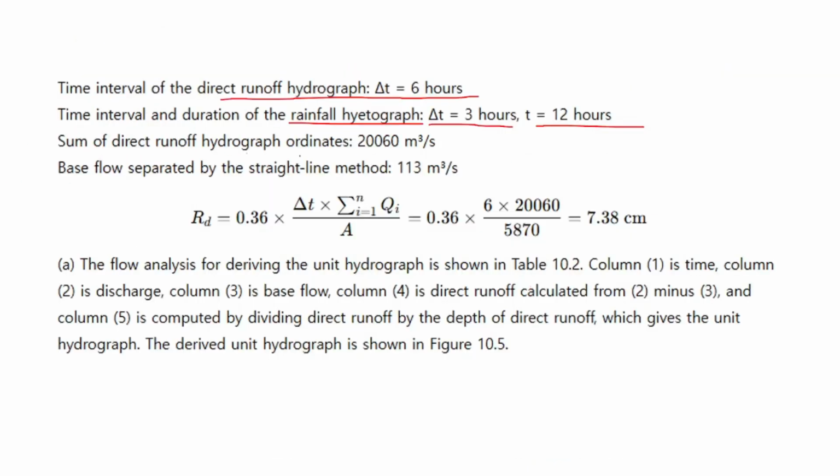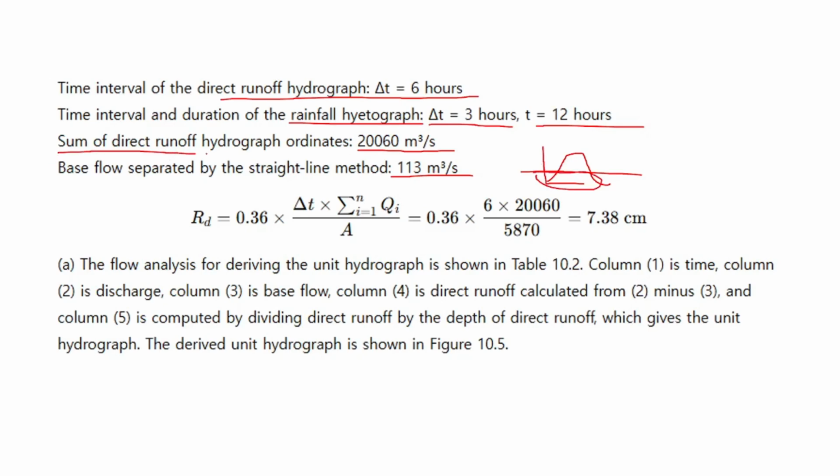The sum of direct runoff hydrograph ordinates is 20,060 cubic meters per second. Base flow separated by the straight line method is 113 cubic meters per second. What it's saying is this value down here that's been subtracted.